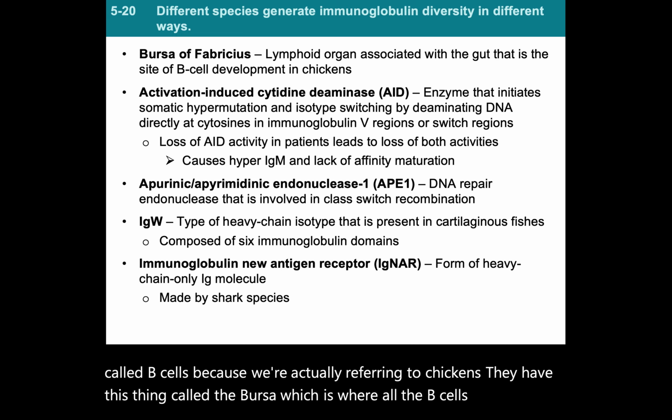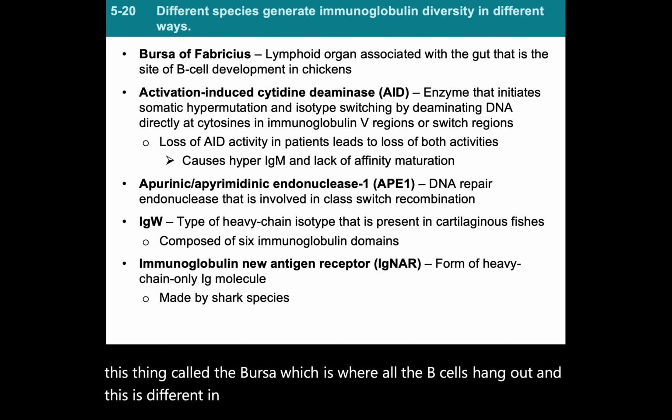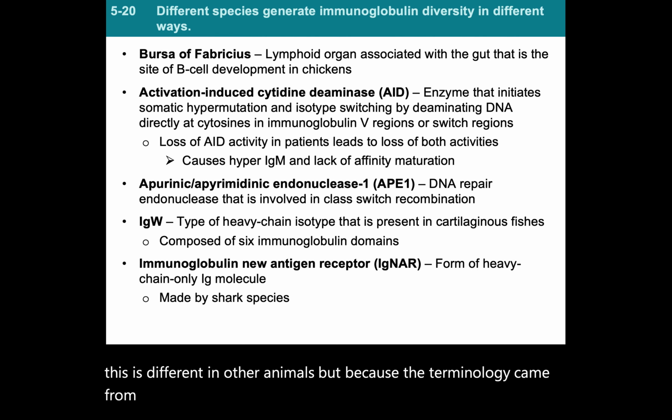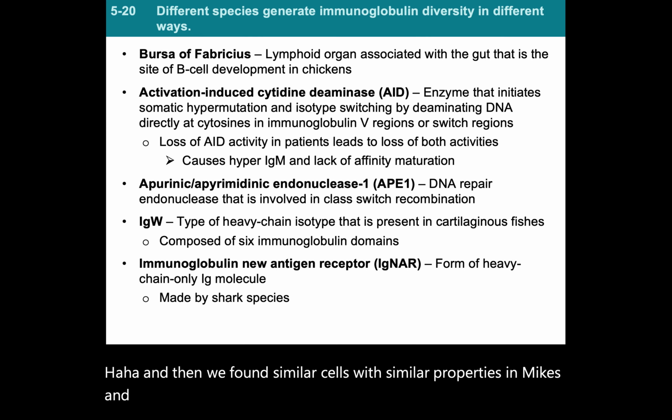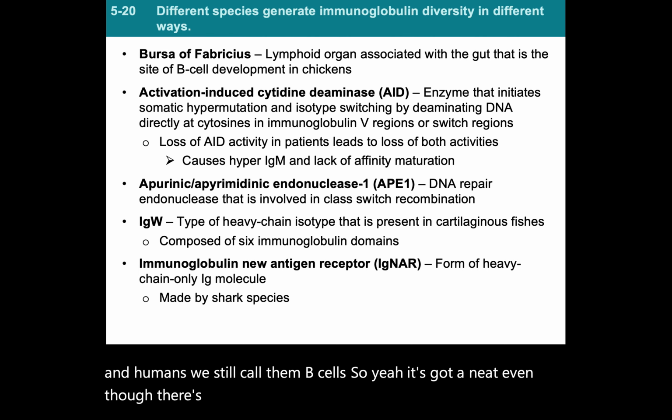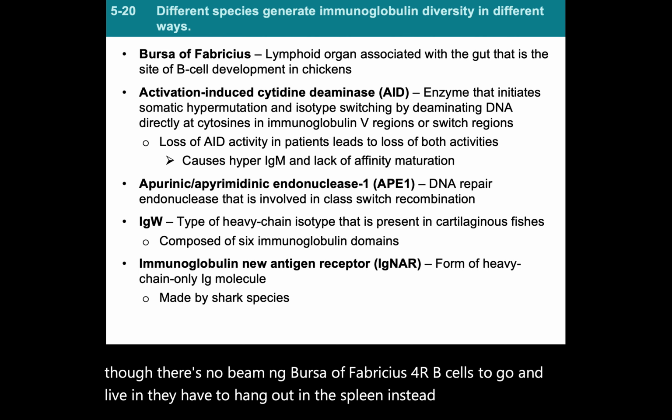This is different in other animals, but because the terminology came from chickens, and then we found similar cells with similar properties in mice and humans, we still call them B cells. So it's kind of neat, even though there's no bursa of Fabricius for our B cells to live in. They have to hang out in the spleen instead and in lymph nodes.